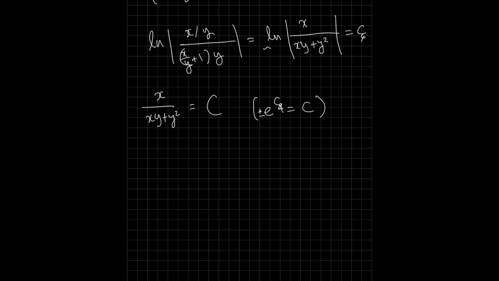We just raised e to both sides of the equation, right? So e to the ln, and e to the c3 here. And this is what you get. You can solve for x explicitly or y explicitly, whichever you choose. But here I think this is a good form. So I'll stick with this as the final answer.